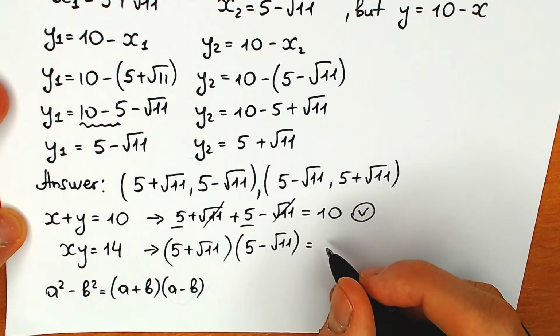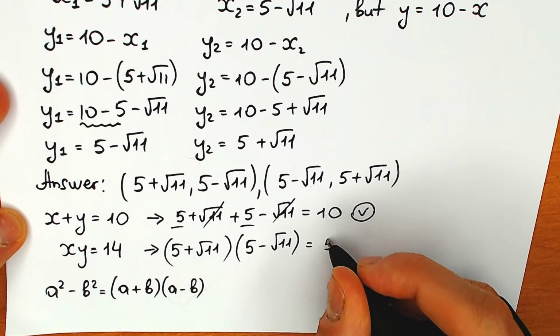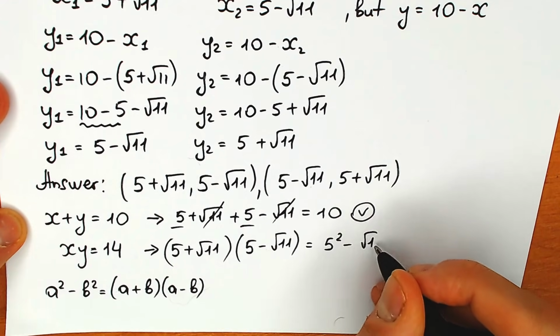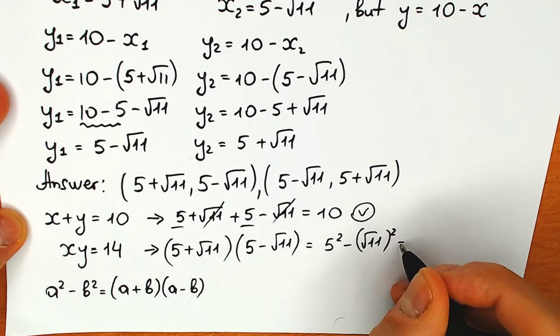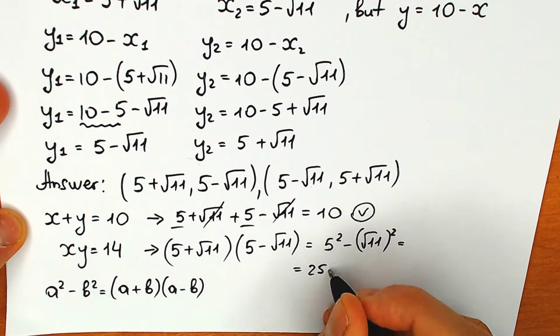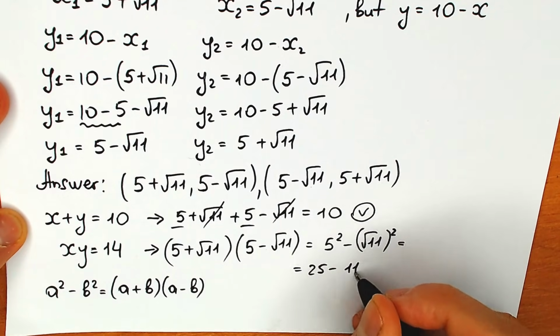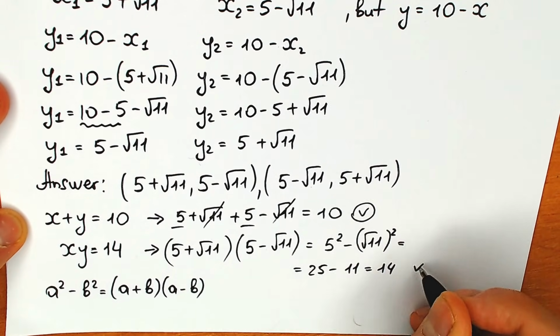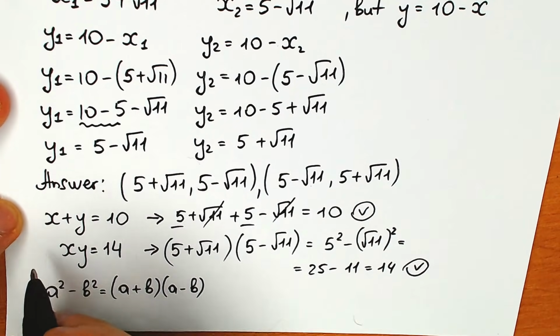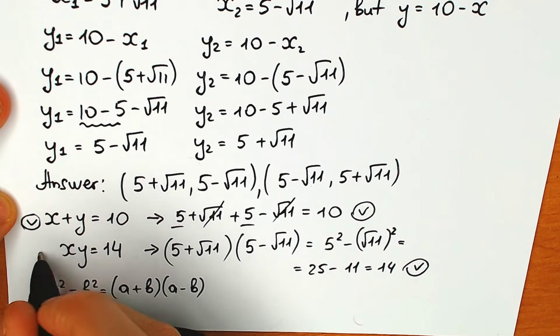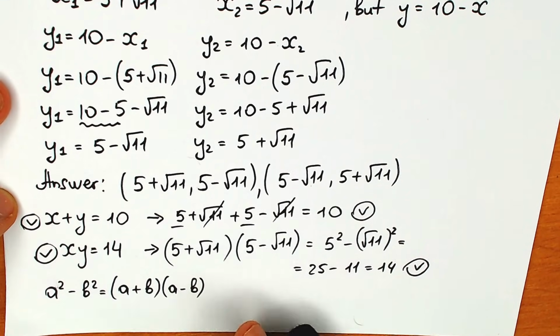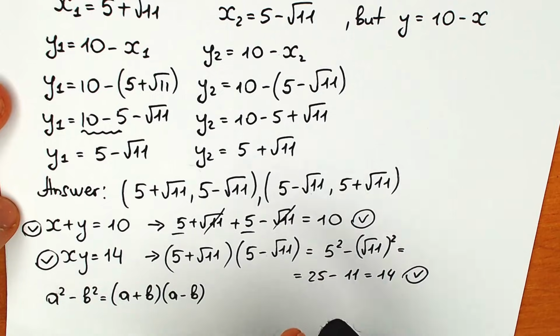So you do need to multiply parentheses by parentheses. So we have 5 square minus square root of 11 square, equal to 25 minus 11, equal to 14. And we have exactly that case right here. So addition works perfectly, and multiplication works perfectly as well. And of course, this is our answer, and everything is great.